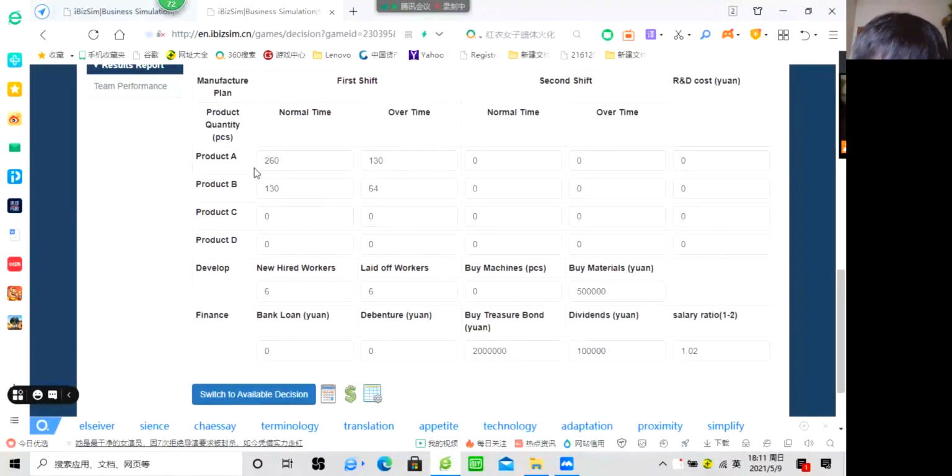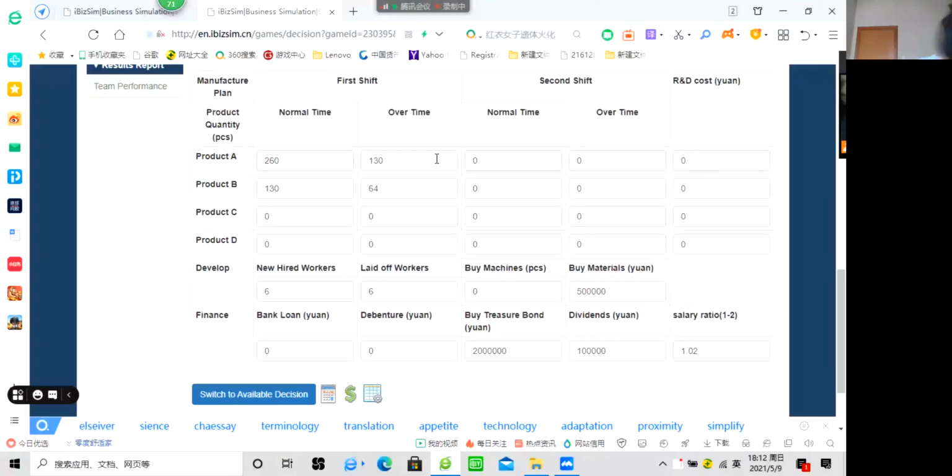Through this, product A is produced. How many products A produced? 200 plus 60 plus 130. So we need to write down how many products are produced in term 8.